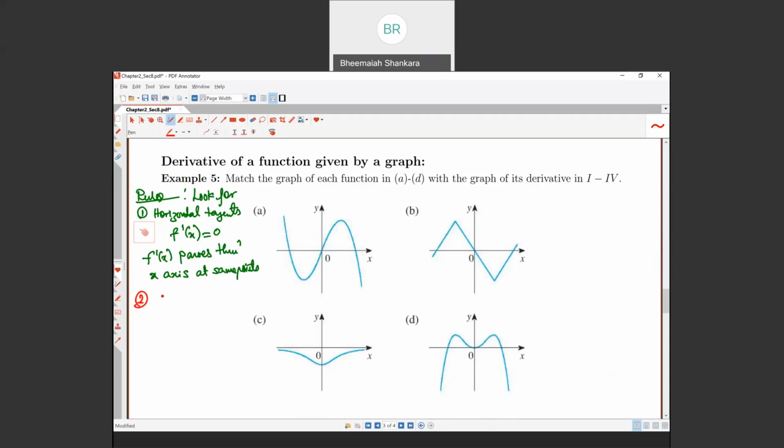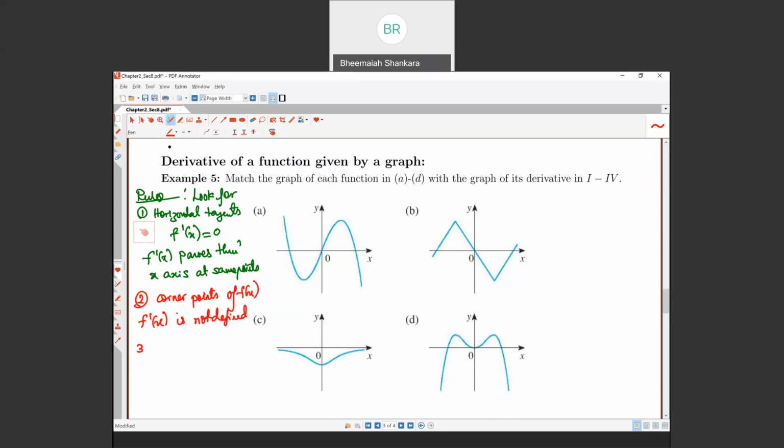In the next line, you will look for the corner points of the function, which means you will look for where f prime x is not defined. So whenever you see a corner point, you can say the derivative is not defined.